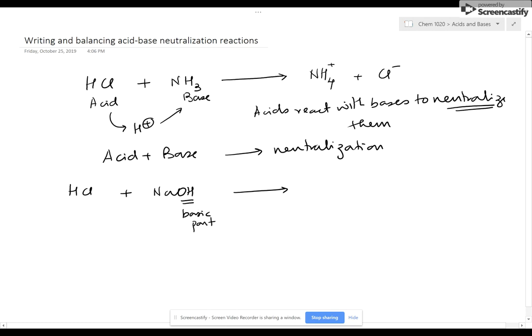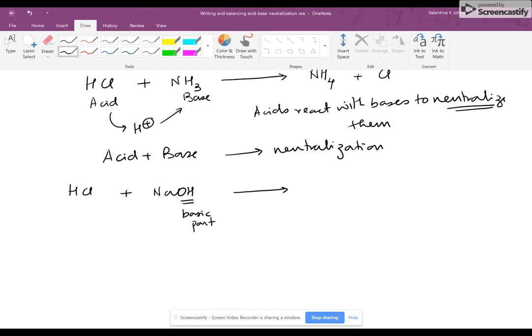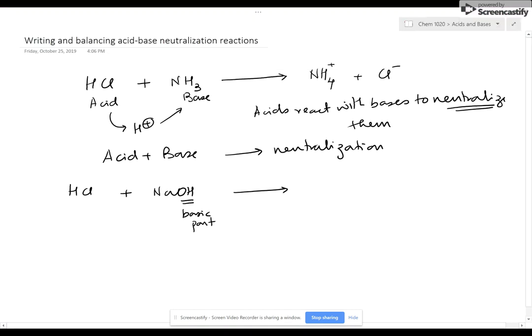So when you write this, the key is to isolate. I'm going to show you with a different color. Take the H off the acid and the OH off the base and write that separately. So that becomes H2O.